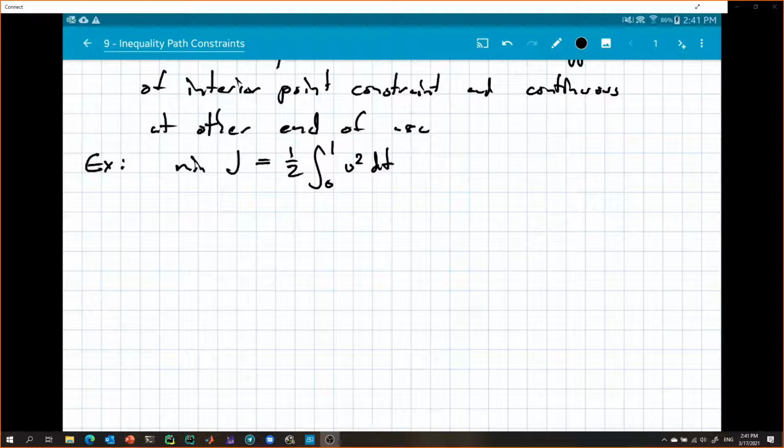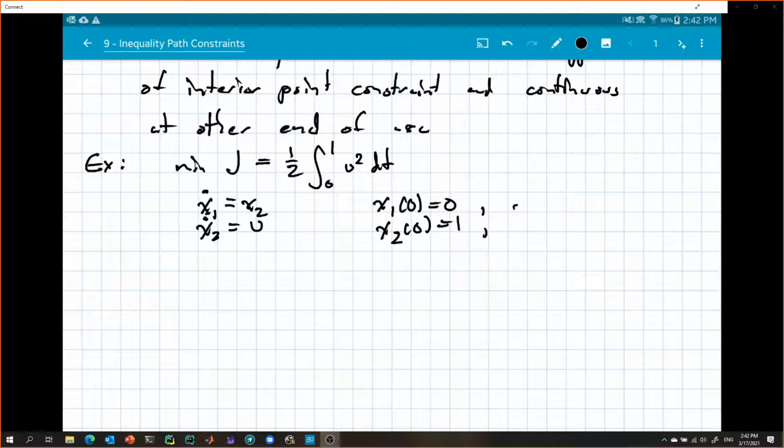And then we have the derivative of x1 equal to x2, and the derivative of x2 equal to our control u. The initial conditions are x1 at 0 equal to 0, and x2 at 0 equal to 1.